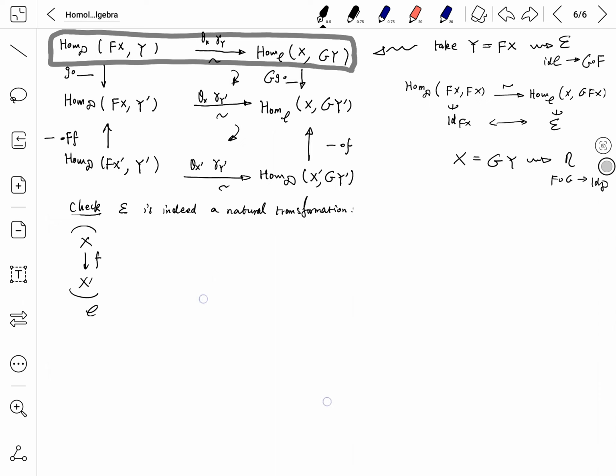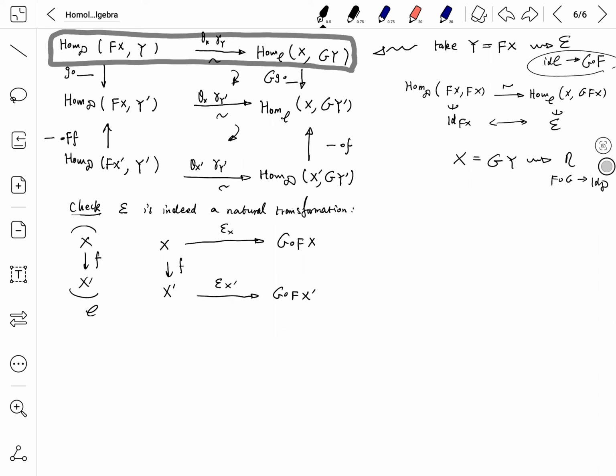This means if you apply epsilon to this morphism x to x prime, on the left-hand side you have x to x prime, here you have your G composed of fx, epsilon x, here you have your epsilon x prime, G composed of fx prime.